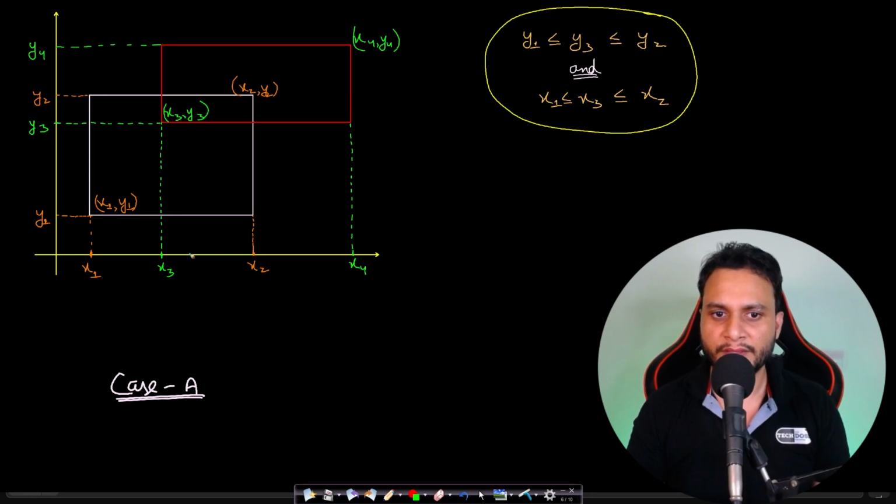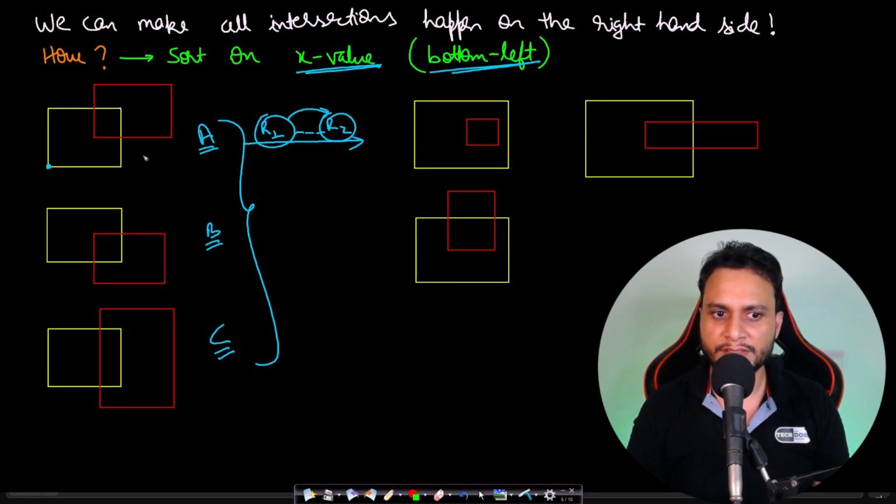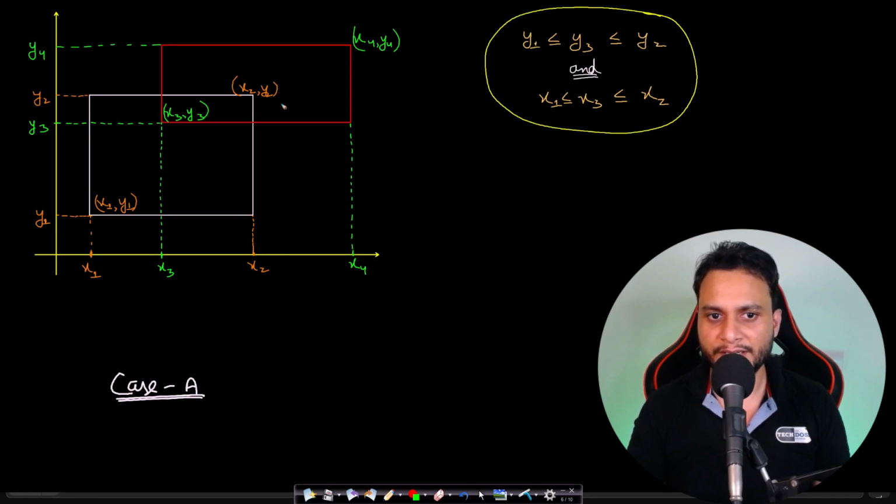Let's see case A. In case A, the second rectangle is to the right hand side, and you see that this is line y3, this is y4, and this one is y2 and this is y1, right? So in this kind of case, if y3 lies in between y1 and y2, and the second rectangle lies in the range of y1, y2, this y3 is actually the bottom portion of the second rectangle, right?